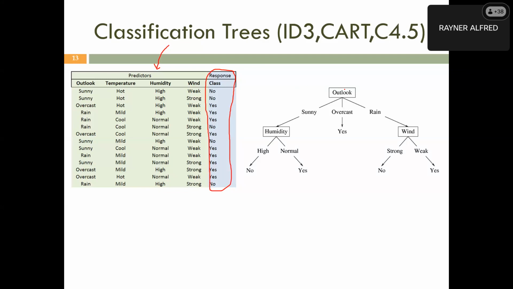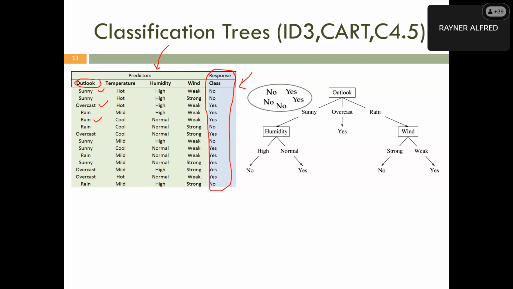Okay, but when we split the data into 3, because this outlook has three unique values here: sunny, overcast, and rain. So when we split the data using Outlook, we need to look at how many of them belong to yes or no here. So the first one is this: when we split the data into sunny only, sunny will have 3 no and 2 yes here.